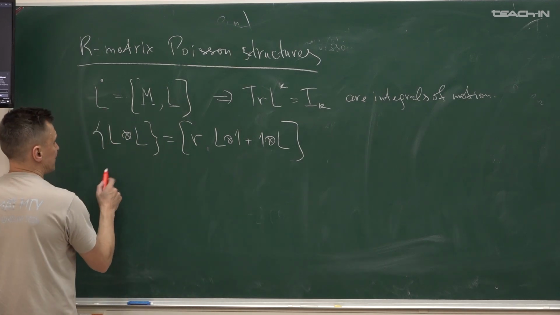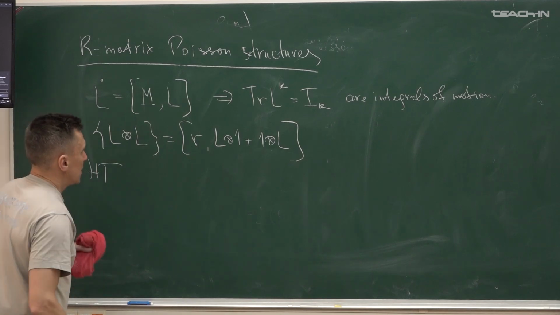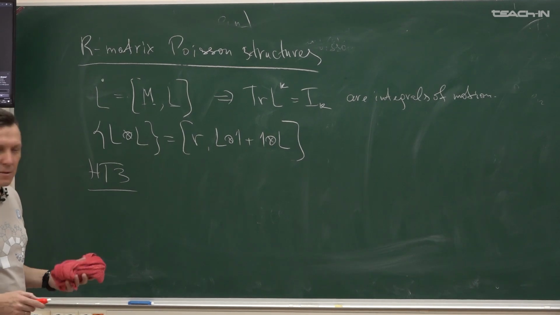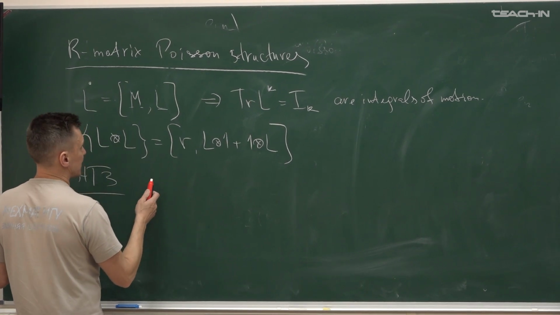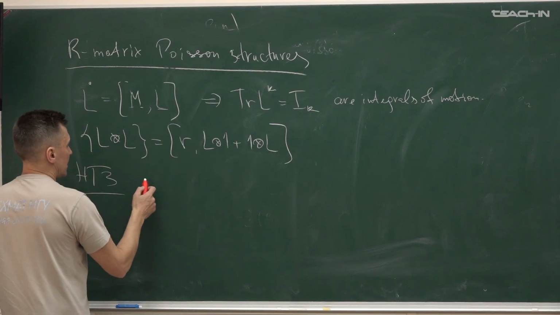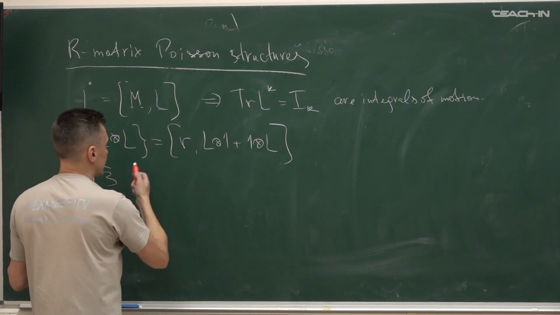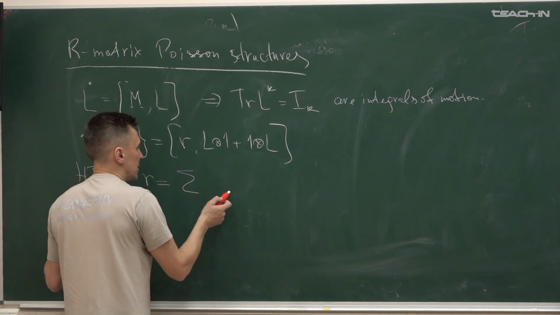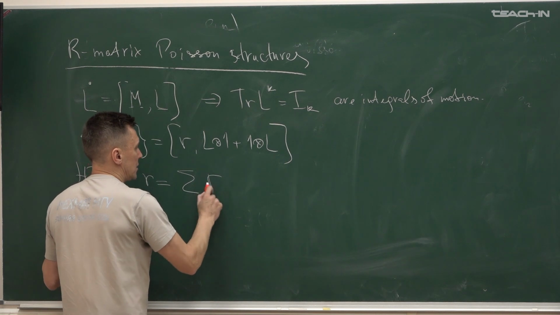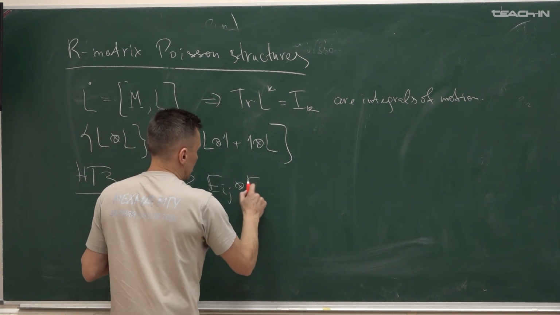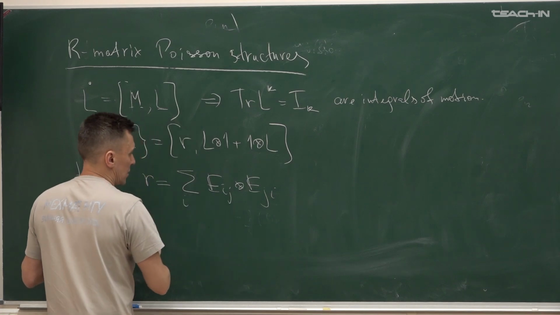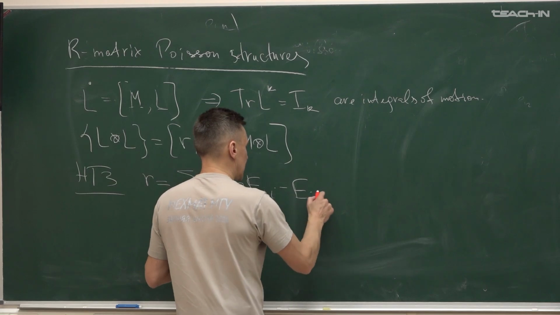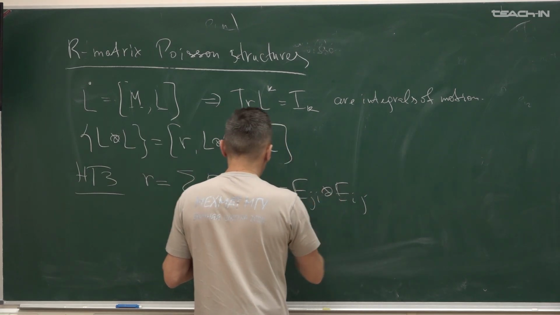And there was also a home task. I'd like you to recall it for the next Monday. That there is such a Poisson bracket with R, which is the sum of Eij for i less than j minus Eji.